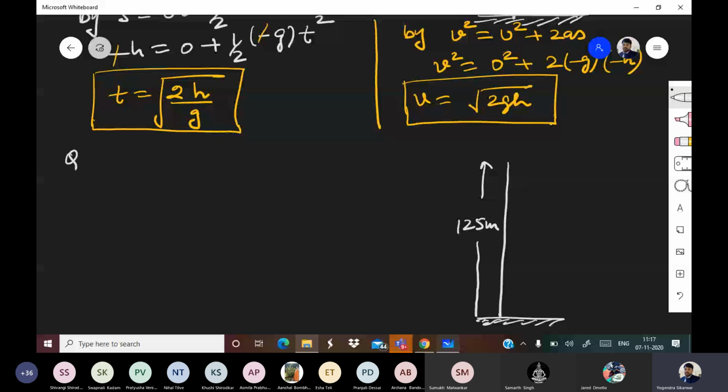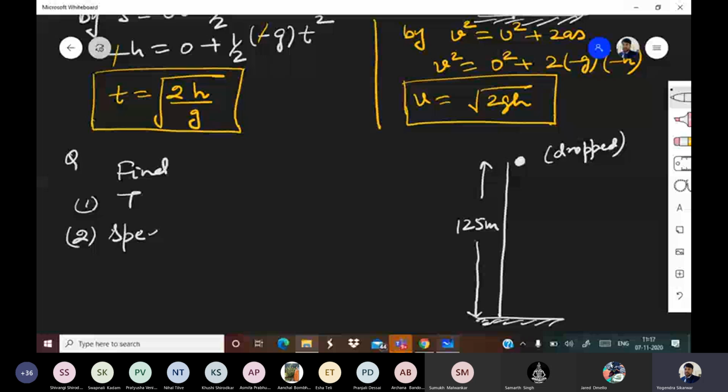Find number 1, T, number 2, speed of the ball when it reaches the bottom.